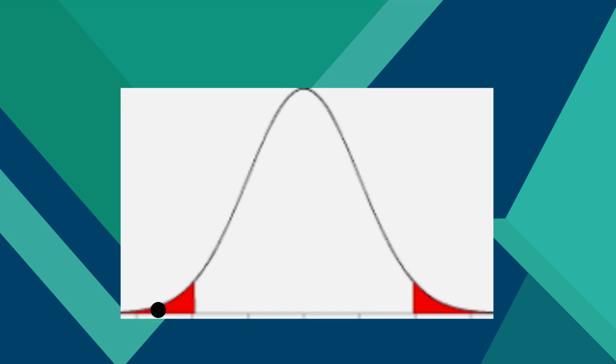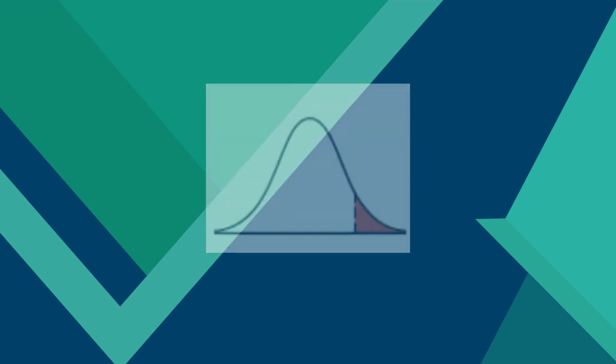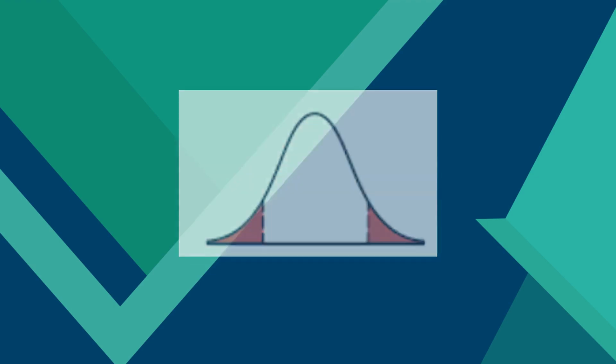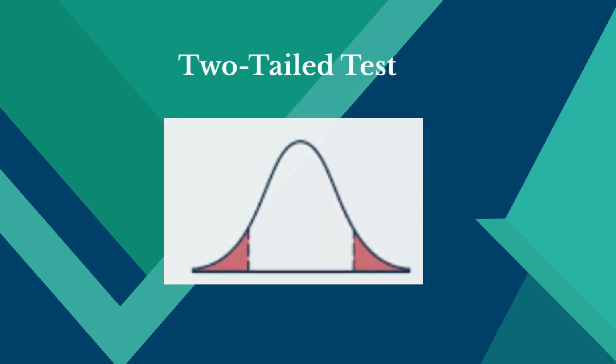Now here's where the decision comes in. When we design a hypothesis test, we have to decide in advance. Do we care about surprises in one specific direction, or do we care about surprises in either direction? That single decision determines how many tails we pay attention to. And that's exactly where one-tailed and two-tailed tests diverge.